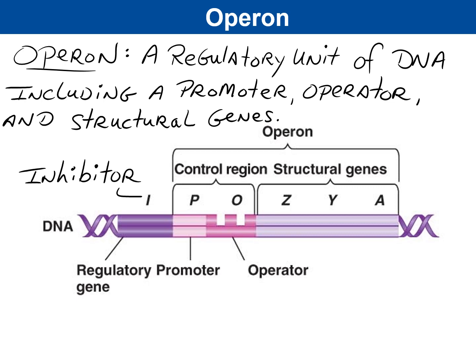So I is in reference to inhibitor, and the inhibitor is a protein product that comes from this I regulatory gene. So the inhibitor protein is also referred to as a repressor, as we'll see on the next slide when we start to examine the specifics of the lactose operon as a model.